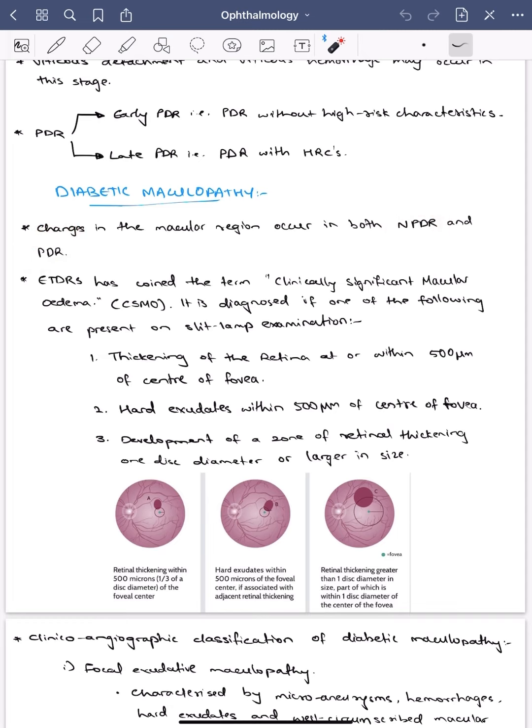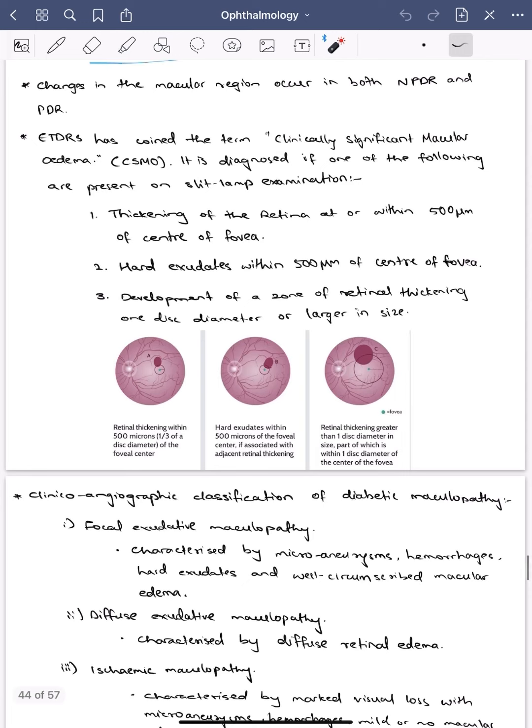Then we discussed two classifications: clinically significant macular edema and clinico-angiographic classification of diabetic maculopathy. Now in CSME, we discussed the three criteria which should be looked for on slit lamp examination. If one of the three criteria is present on slit lamp examination, it can be diagnosed as clinically significant macular edema.